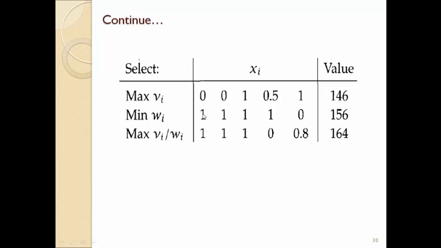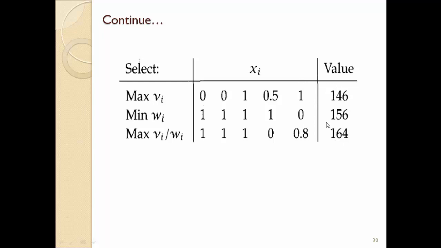In our second option, we have selected the first, second, third and fourth objects, and we have a total value of 156. As we discussed, in our last option, Vi divided by Wi, we have selected object number 1 fully, second object fully, third object fully. We have not selected our fourth object, and an eighth part of object number 5 we have selected. So the total weight will be 100 and the value will be 164.